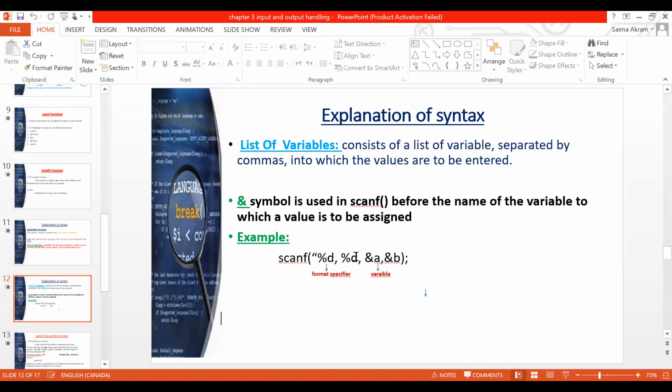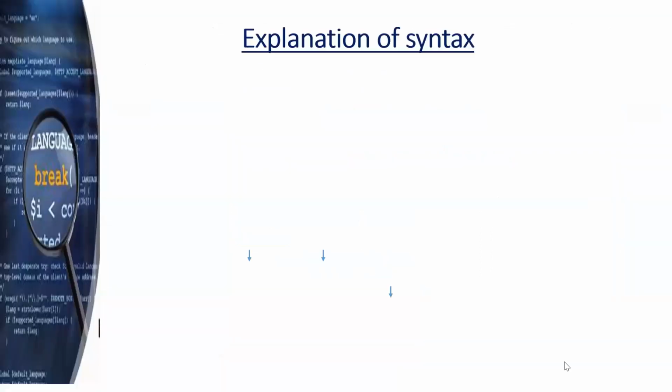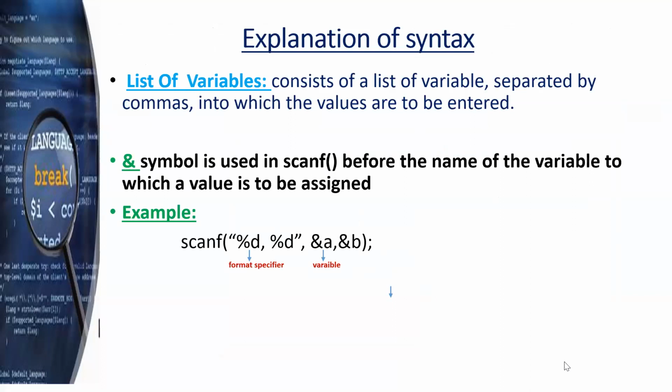And here, a is a variable and b is also a variable name, and before writing the variable names you must write the & symbol. Clear? And the value of a will be assigned to the first format specifier.